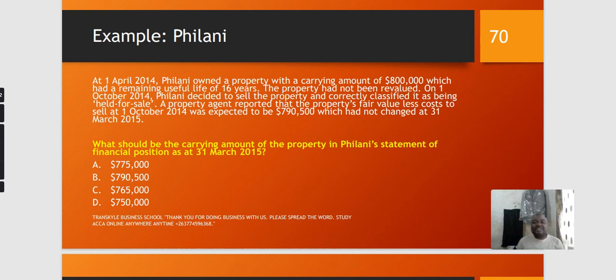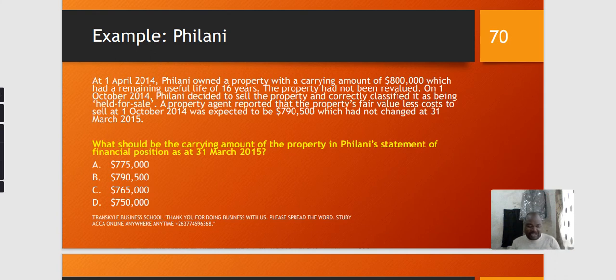At 1 April 2014, Pilan owned a property with a carrying amount of 800,000, which had a remaining useful life of 16 years. The property had not been revalued. On 1 October 2014, Pilan decided to sell the property and correctly classified it as being held for sale. So you need to know from 1 April 2014 to 1 October 2014, how many months are we talking about?